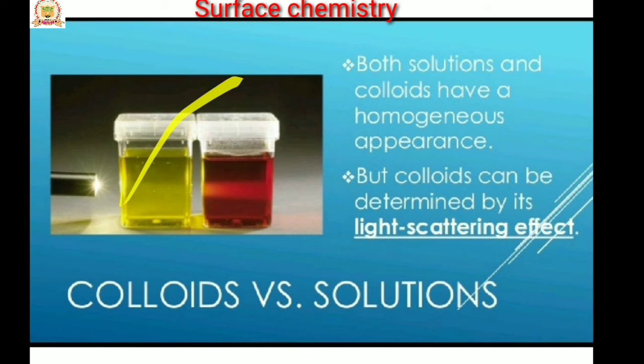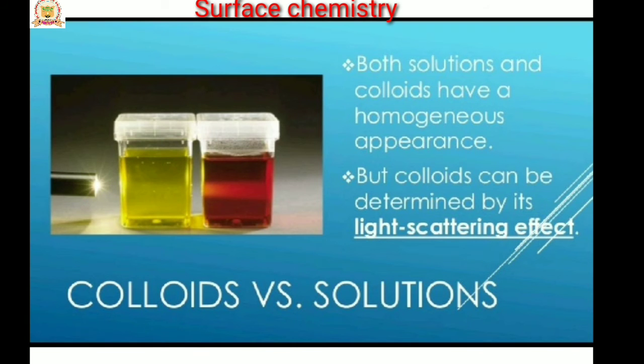See, the first beaker consists of the true solution. The second beaker consists of the colloidal solution. How to find out which one is a colloidal solution and which one is a true solution? Because both look homogeneous. They can be found out by passing light through the solution.